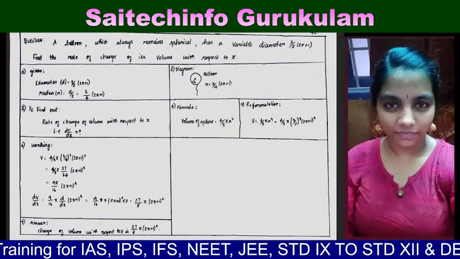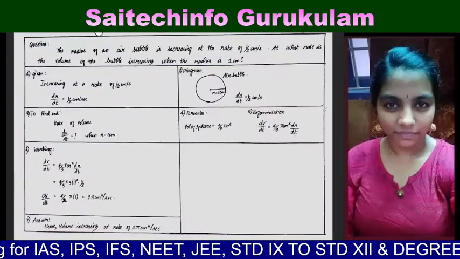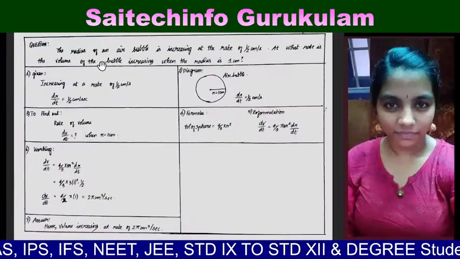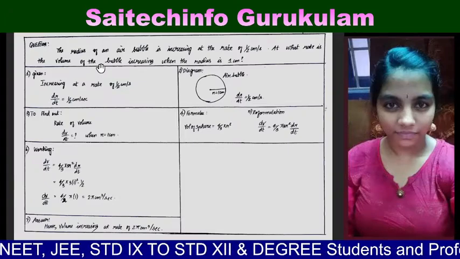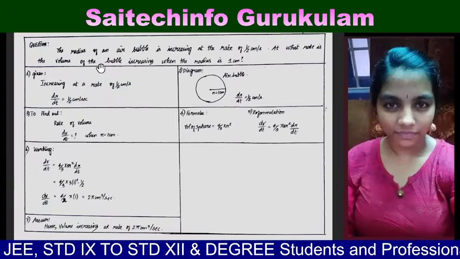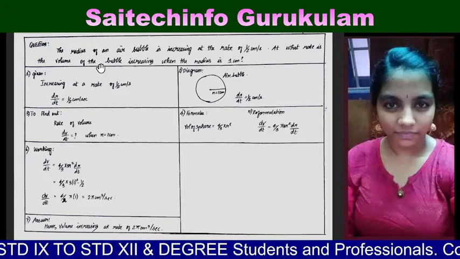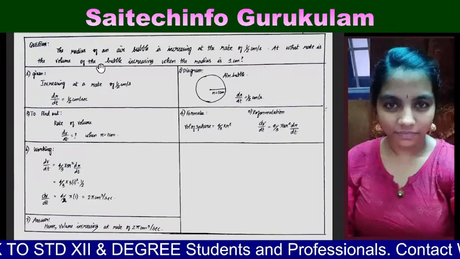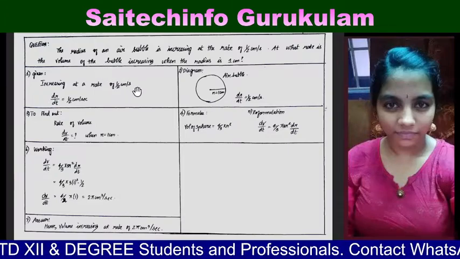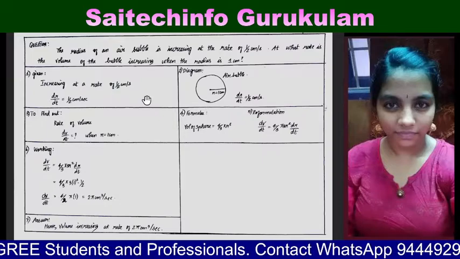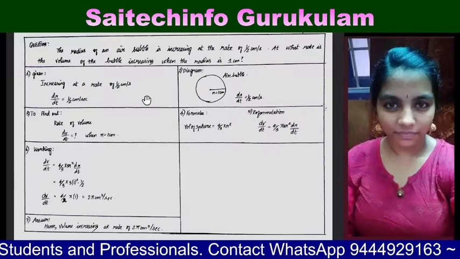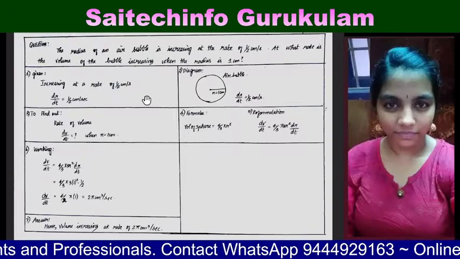Next question. The radius of an air bubble is increasing at the rate of 1 by 2 cm per second. At what rate is the volume of the bubble increasing when the radius is 1 cm? From the given question, we are taking increasing at the rate of 1 by 2 centimeters per second. This shows that dr by dt is equal to 1 by 2 centimeter per second.